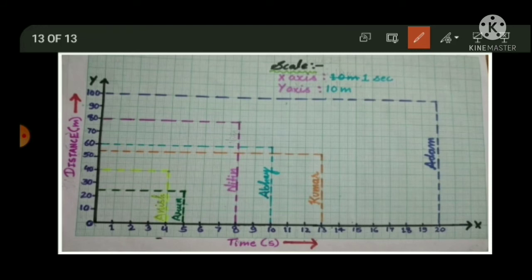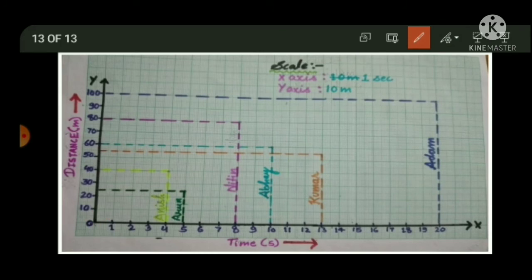The scale of the x-axis is 1 second and the scale of the y-axis is 10 meters.